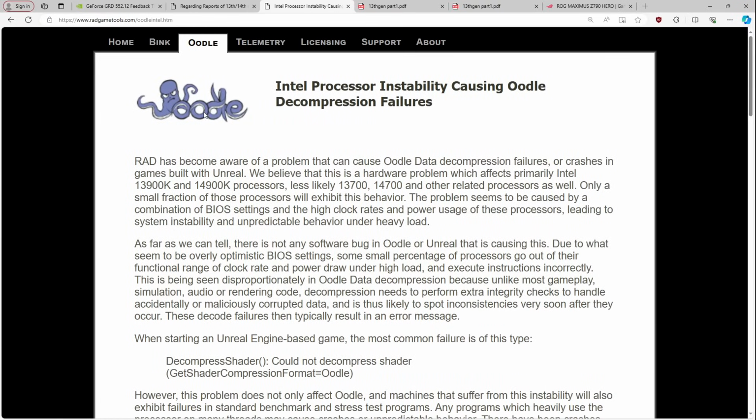Rad Game Tools is a game software developer, and Oodle is an asset decompression tool primarily for Unreal Engine.